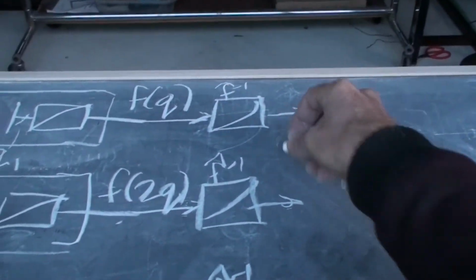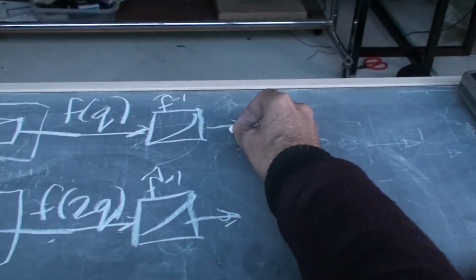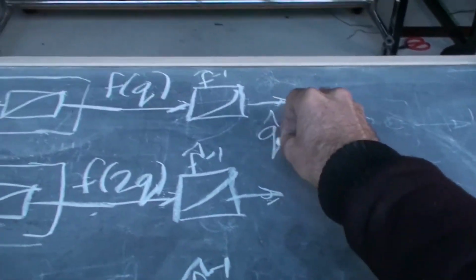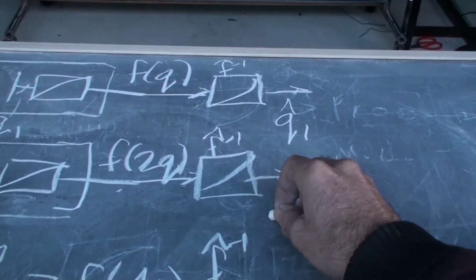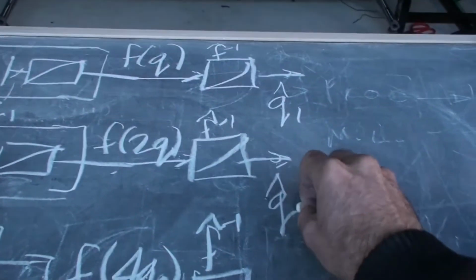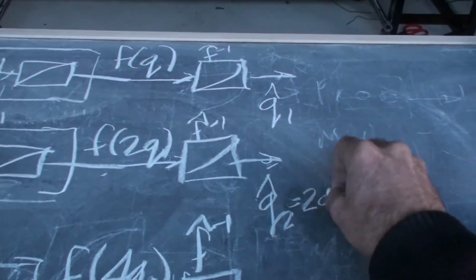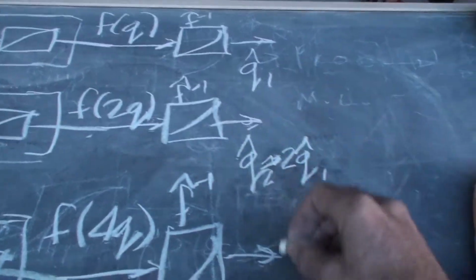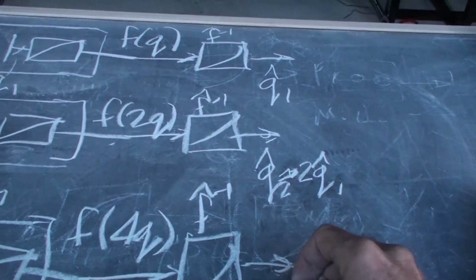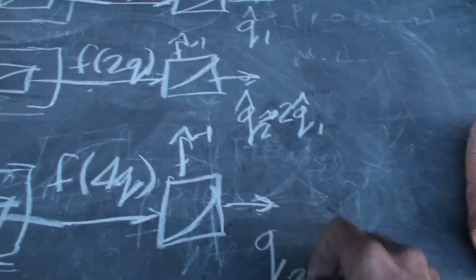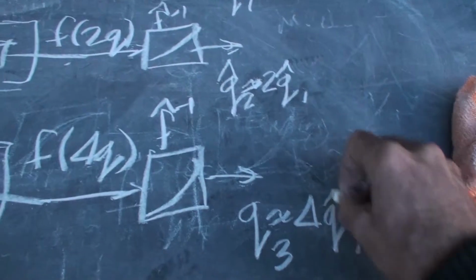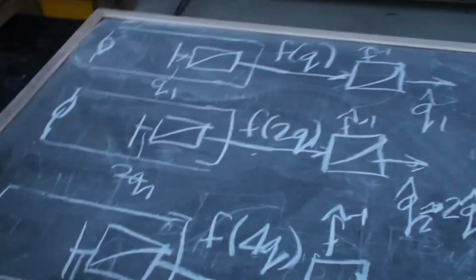And out here what we have is an estimate. This is an estimate of Q1, and this is an estimate of Q2, which is approximately 2 Q1 hat, because there's some noise on the signal. And this is Q3, which is approximately 4 Q1 hat. These are estimates of those quantities.